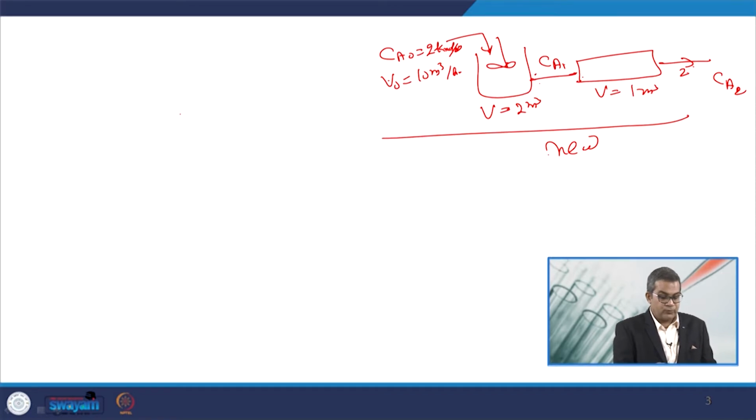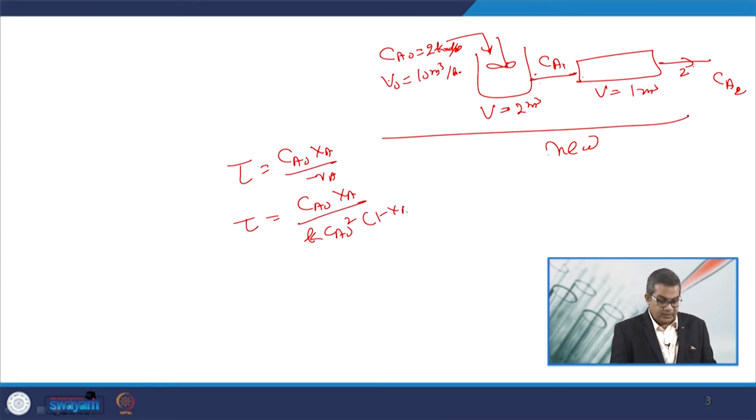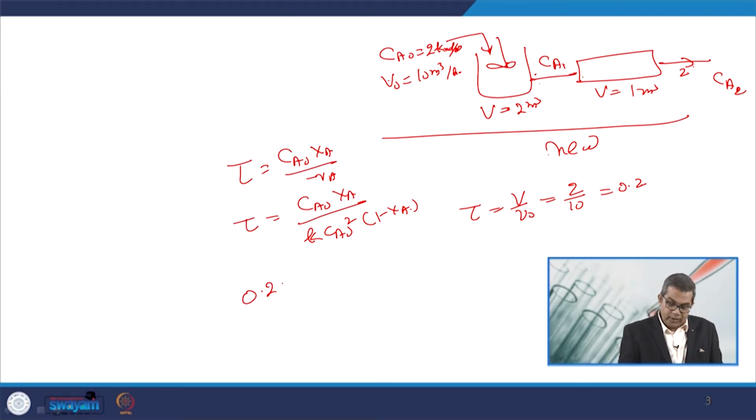The performance equation for the CSTR, as we know, is tau is equal to Ca naught Xa upon minus Ra, and we can write tau is equal to Ca naught Xa upon K Ca naught square into 1 minus Xa square. Substituting all the values, keeping in view that for CSTR or MFR tau is V upon the volumetric flow rate at start, that is 2 upon 10, which is 0.2, it becomes 0.2 into 5 into 2 is equal to Xa upon 1 minus Xa square.